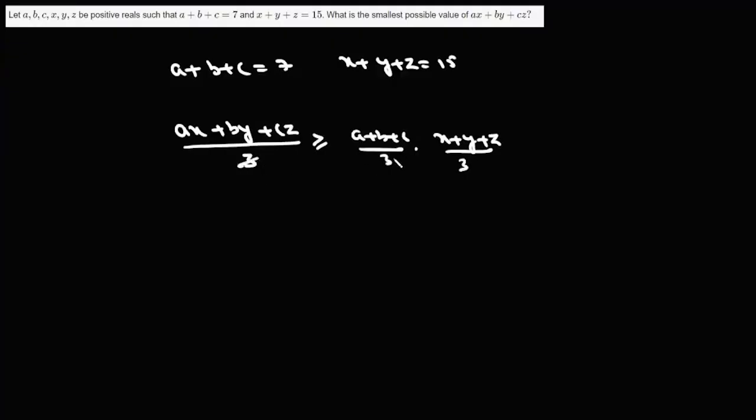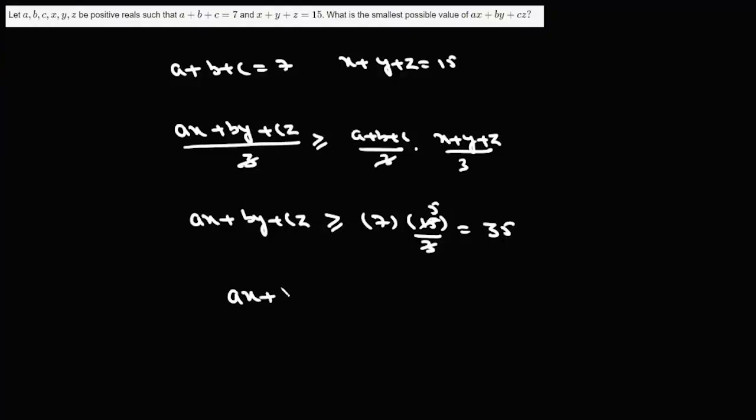Now this 3 and 3 will cancel, so we can write AX + BY + CZ will be greater than or equal to (A + B + C), which is 7, times (X + Y + Z), which is 15, by 3. This is 5 times 7, it is 35. So the smallest possible value of AX + BY + CZ will be 35, and that is the answer to this question.